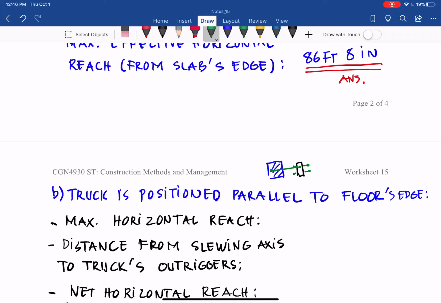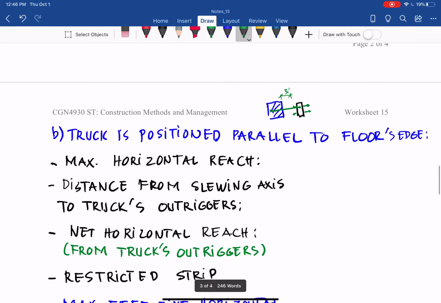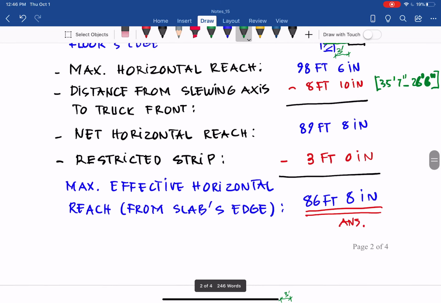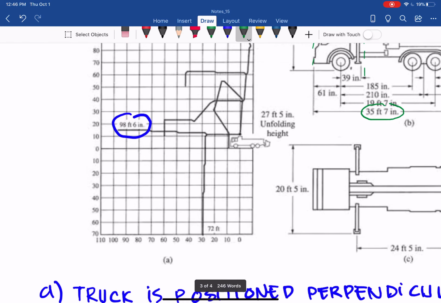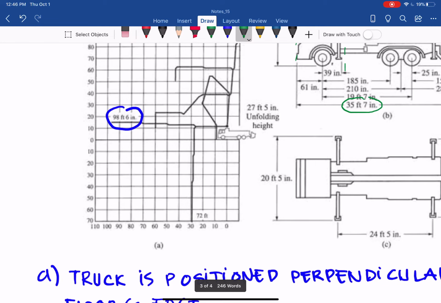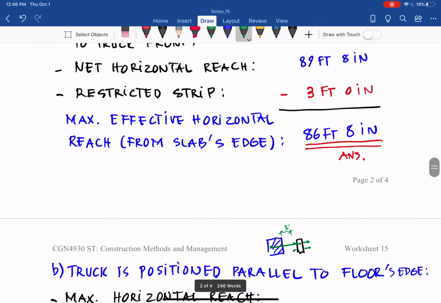And of course we still maintain the distance from the outrigger to the edge of the slab of 3 feet, as you can see there. So from here, the maximum horizontal reach is still the same, 98 feet 6 inches for that scenario.